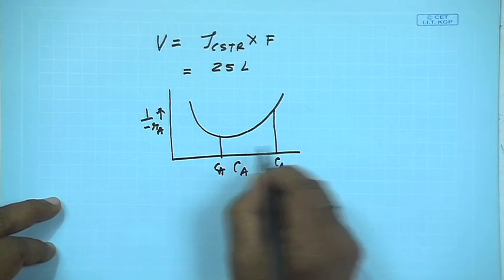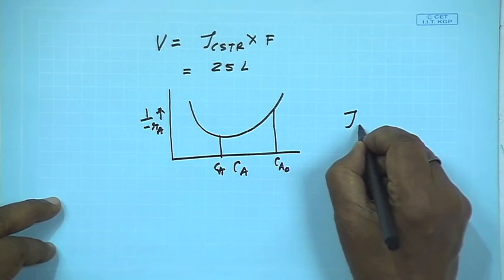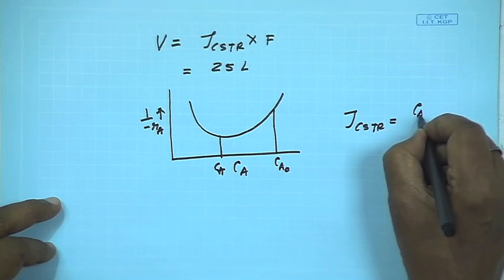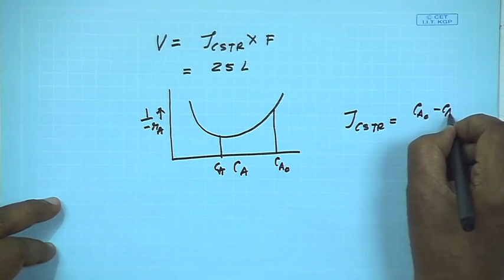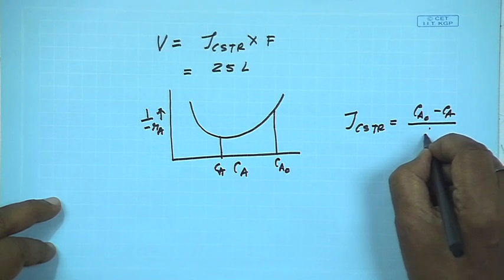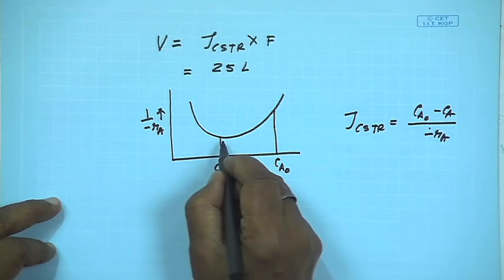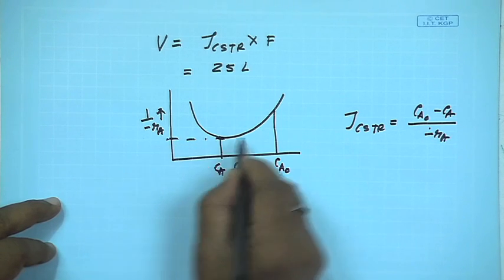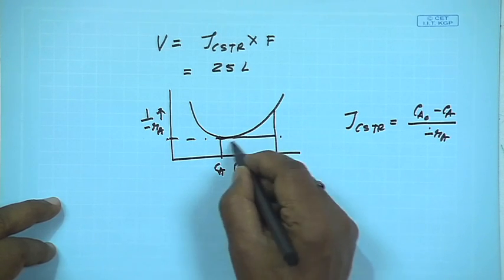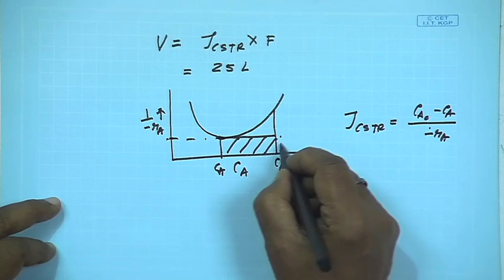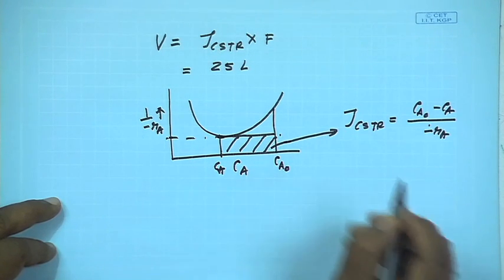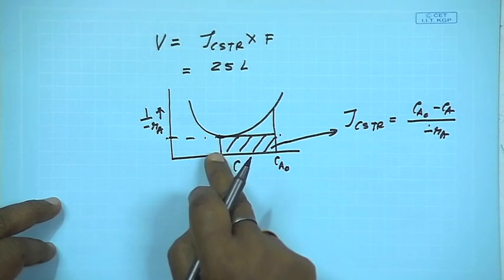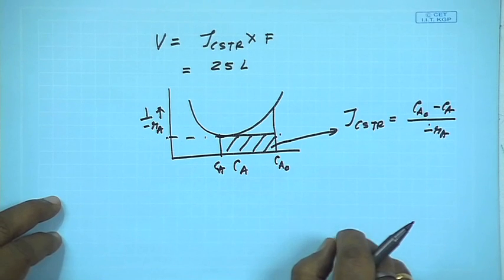What is your equation? Tau CSTR is equal to CA0 minus CA by minus RA. So, here you have the minus RA value, and this area is nothing but equal to tau CSTR. So, graphically also you can find it out.